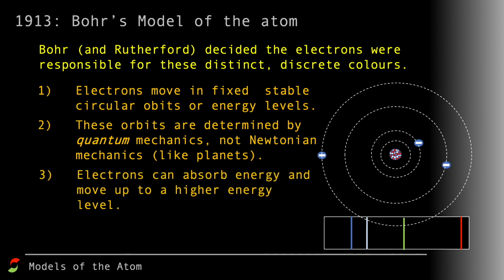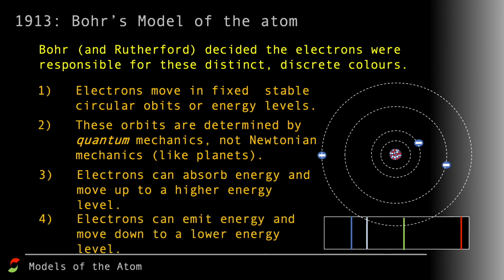What was also allowed is that electrons can move up and down energy levels or orbits. But to do that, if they were going to move up to a higher energy level, they would need to absorb exactly the right amount of energy to move up to a higher orbit. But if they wanted to move down to a lower orbit or energy level, they would have to emit light or energy.